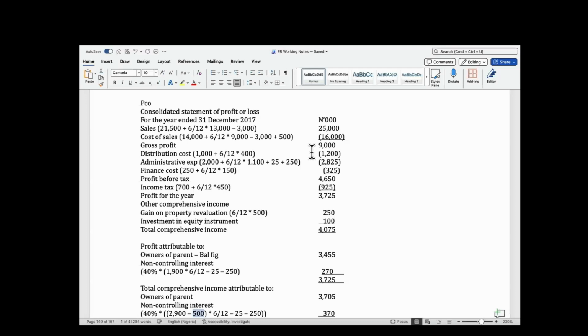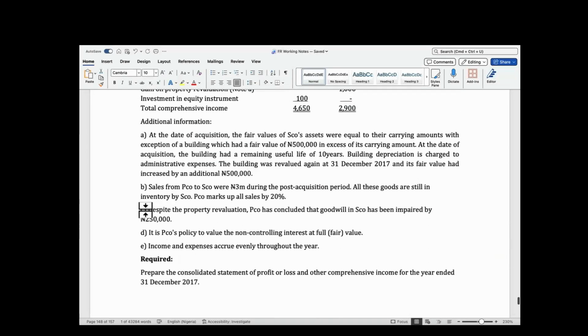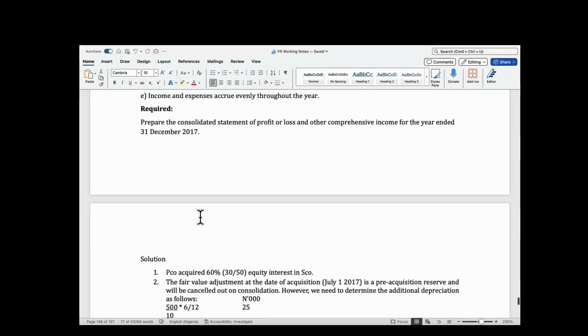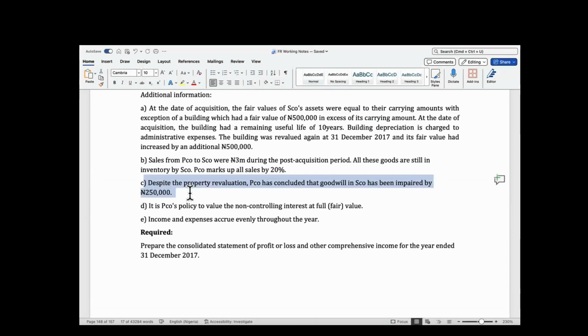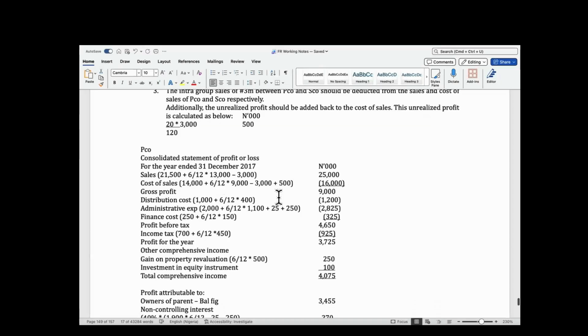Okay. So first question, this 250 is the impairment loss that they give us in note C. The goodwill was impaired. Okay. So you remove it from goodwill, you expense it. That's the two legs. So it's an expense. That's why we're adding it to expense, impairment loss.